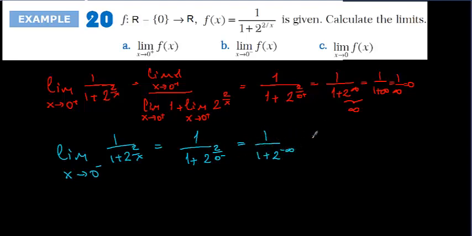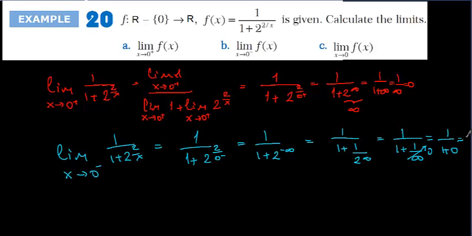And 2 to the power of minus infinity is equal to 1 over 2 to the power of infinity, because the power is negative. So it's going to be 1 over 1 plus 1 over infinity. 1 over infinity, if you remember, was 0. This tends to 0, so 1 over 1 plus 0.